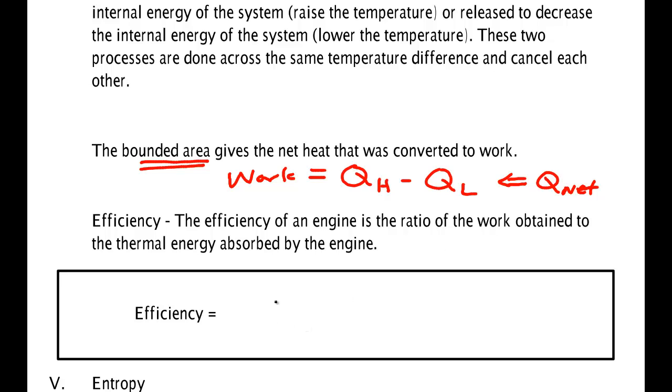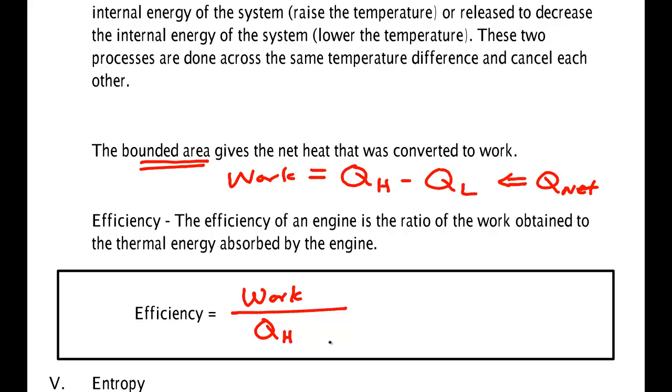The efficiency of an engine, by definition, is the work that it produces divided by QH. Of all the energy it pulled in at the hot temperature cycle, some of it passed on and just shipped out, but some of it was converted into useful work. So the amount that you converted out of the total amount that you absorbed is what we call the efficiency.